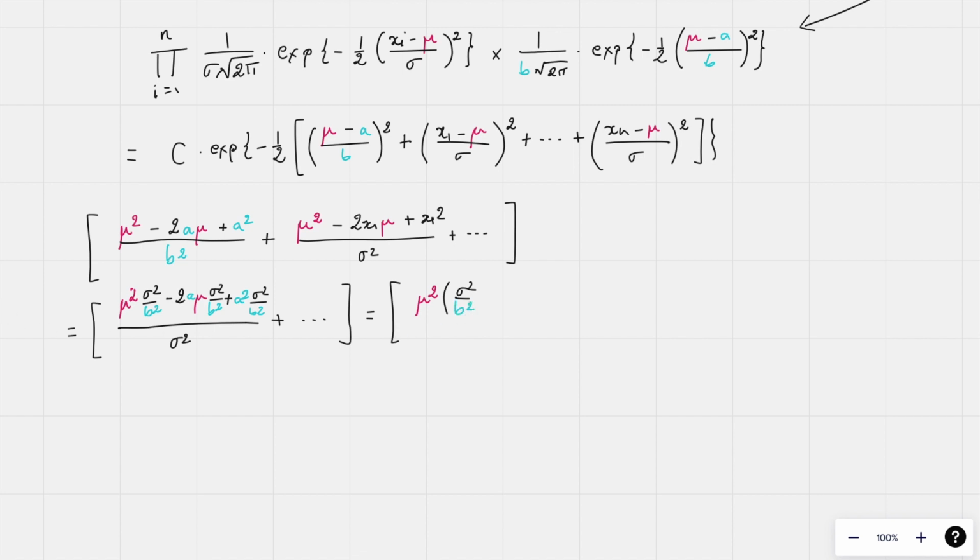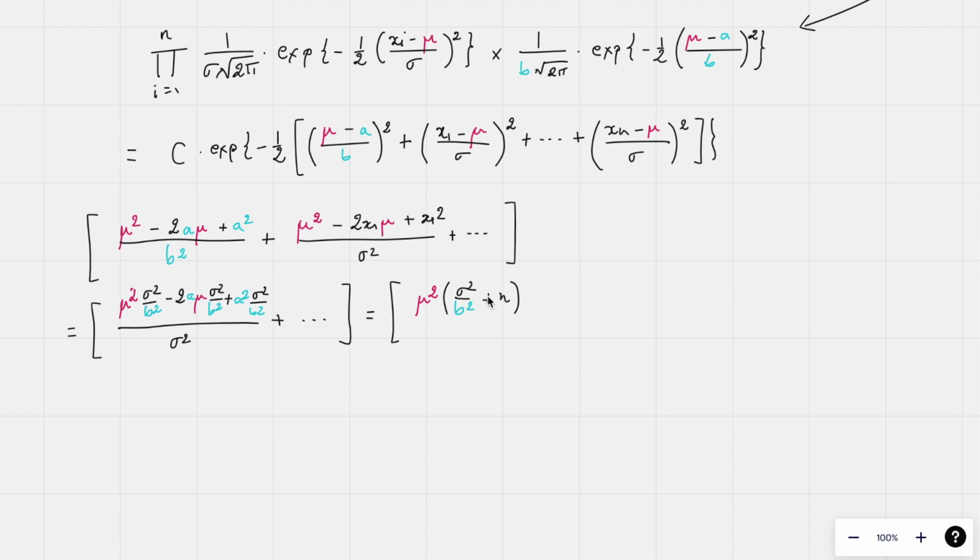And I have n terms like this. And how many times do I have mu squared? Well, one each. So here, this gives me n. Okay, I have collected this term here and all the n terms that were here. So that's it for the mu squared.